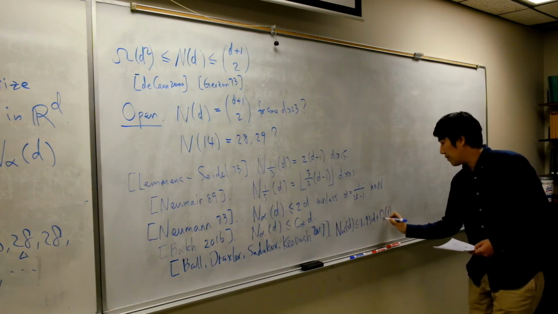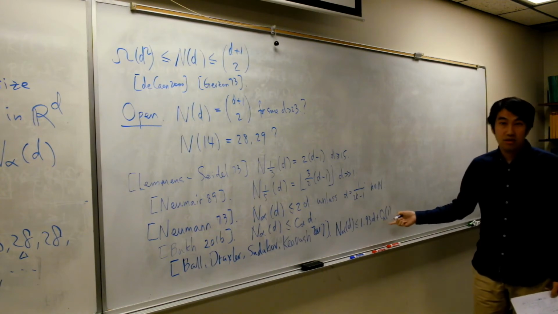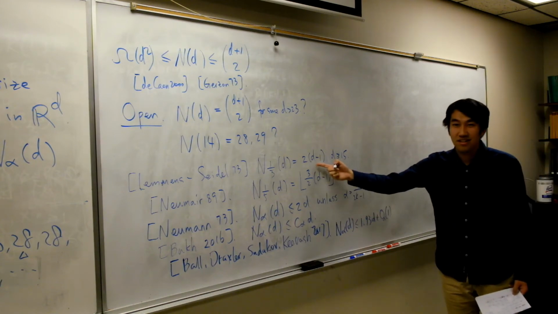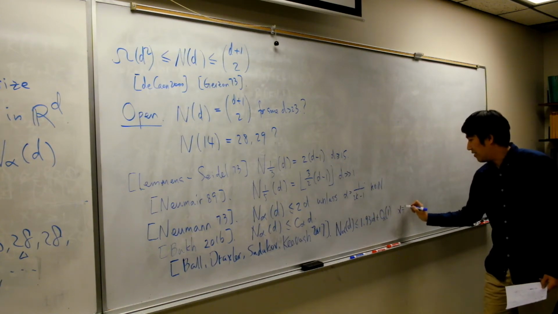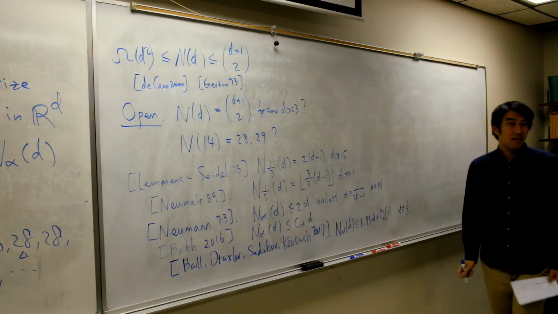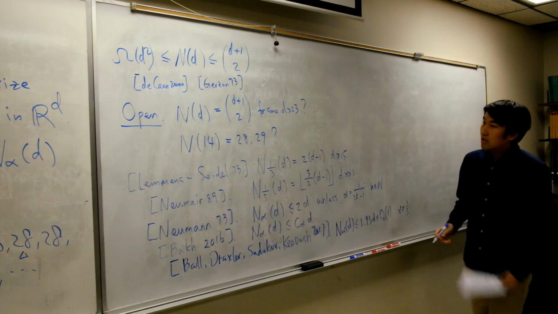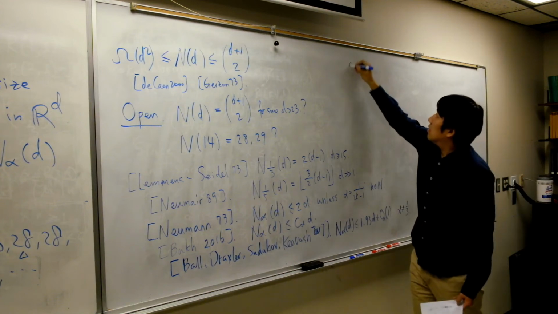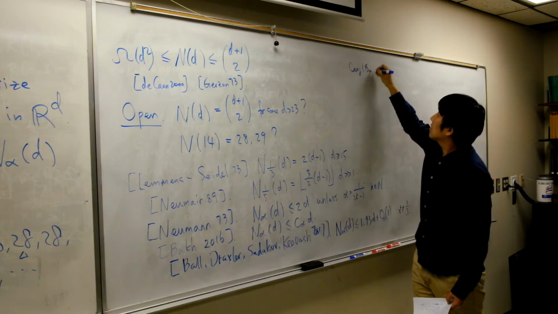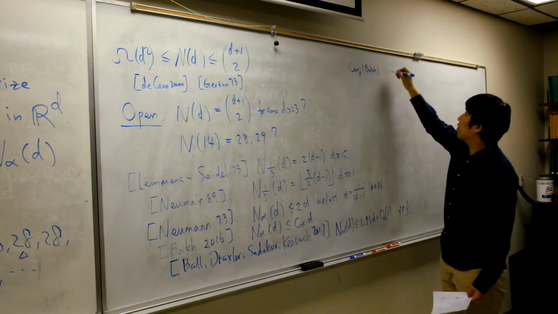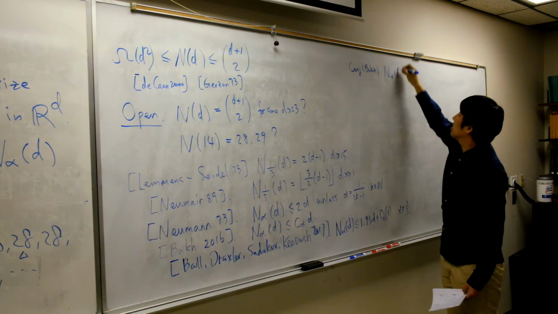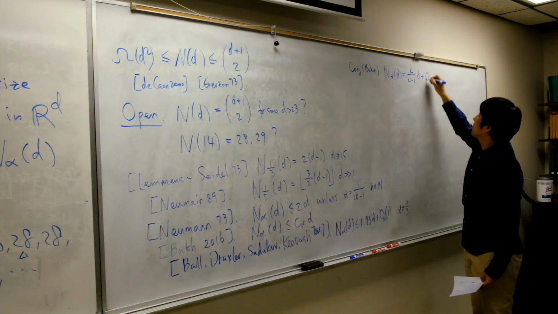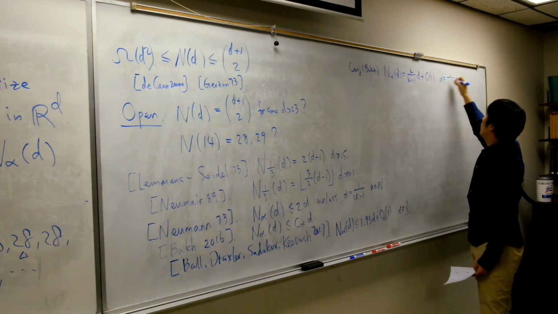Here, this big O of 1 will depend on alpha, and in the rest of the talk, all big O will depend on alpha, so I will suppress the subscript. Of course, this is wrong because of this result, so you only need to write it when alpha is not equal to 1 over 3. By looking at these two formulas, Bukh, in his paper, conjectured the following: N sub alpha of d is equal to k over k minus 1 times d plus big O of 1 when alpha is 1 over 2k minus 1.